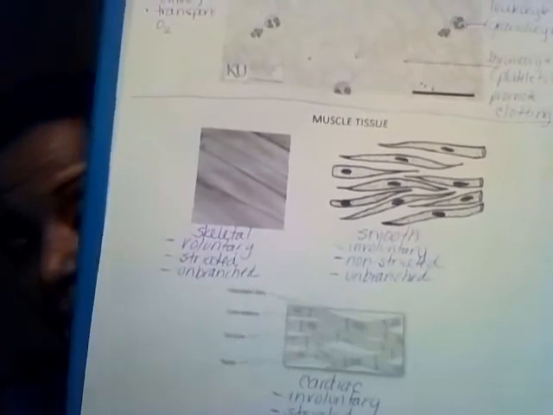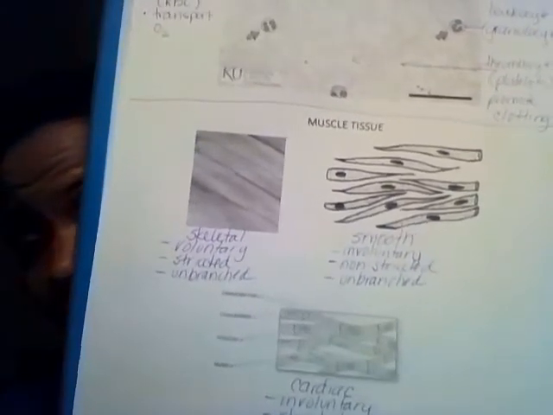Smooth muscle tissue is unbranched as well. But if you look at the bottom, you will notice that cardiac muscle tissue, while it looks like it's parallel for a minute, it does branch, and it branches off into different segments. So under cardiac, we will indicate that it is branched.